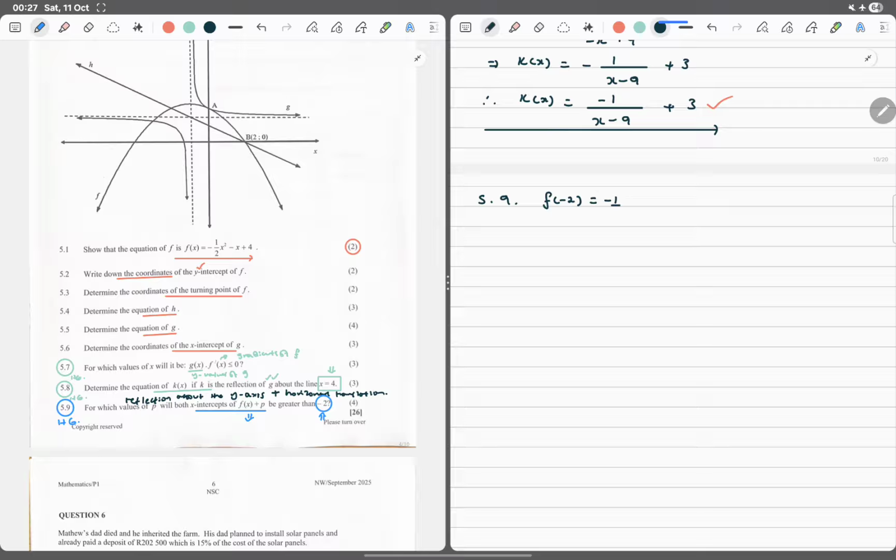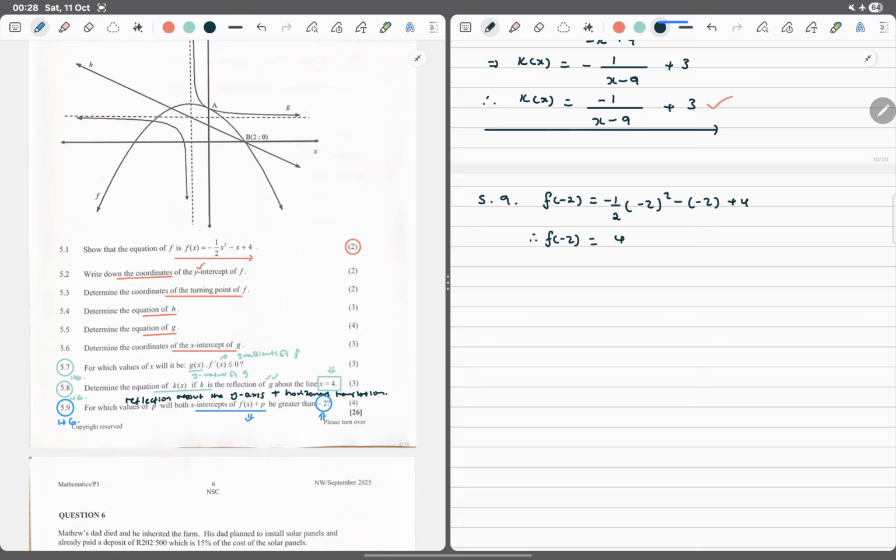So this was minus a half. So we write minus 2 squared minus into minus 2 plus 4. Therefore, our f of minus 2 is, this is 4. And it becomes minus 2 plus 2 is 0, so we get 4.